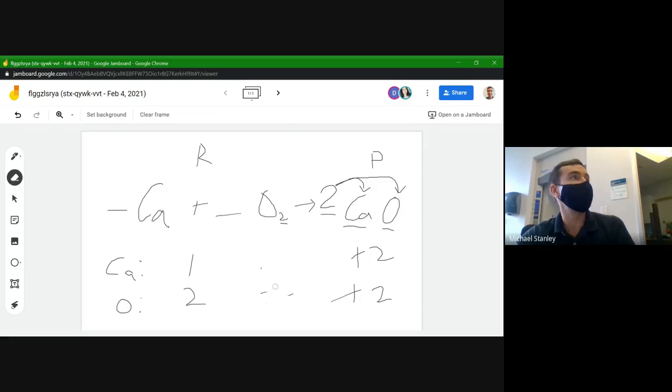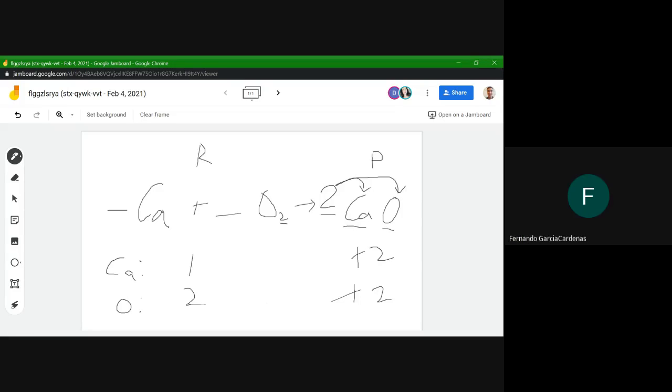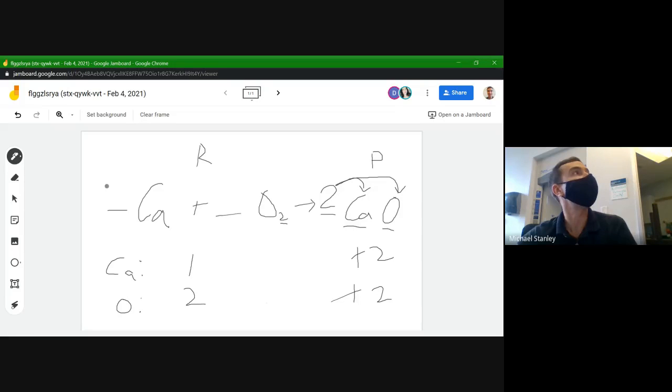So what can we do with the calcium on the reactant side to help balance out our calcium numbers? Put a 2 before it. Put a 2. Bingo, bango, bongo.